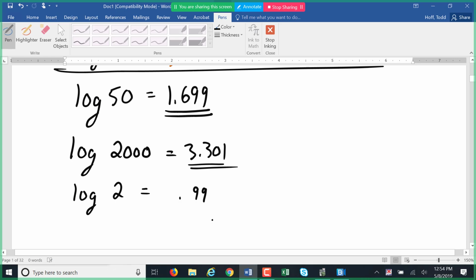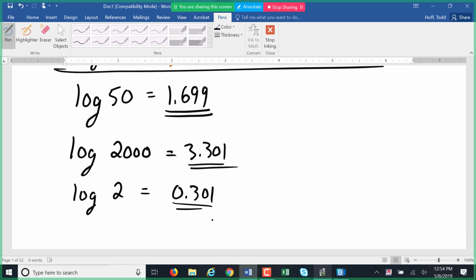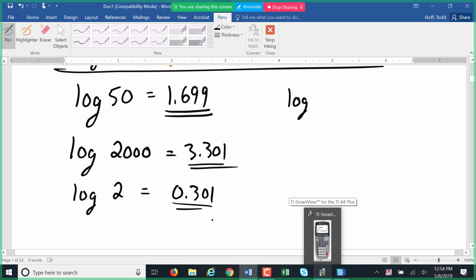It is 0.301. Sorry. Log base 10 of 80. 1.903.